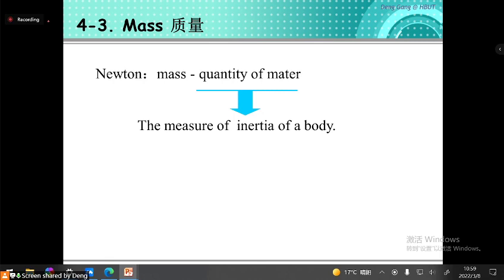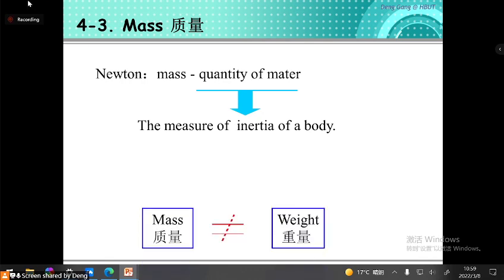So that's why we say the mass is the measure of inertia. And you need to know mass is different from weight. Mass is the measure of inertia, while weight is a force. It's the force of the Earth's surface on this object.